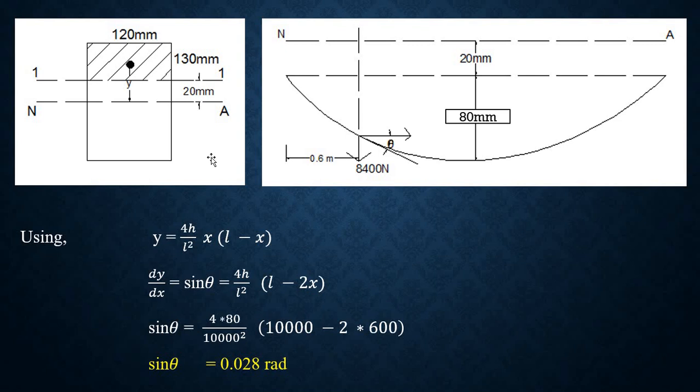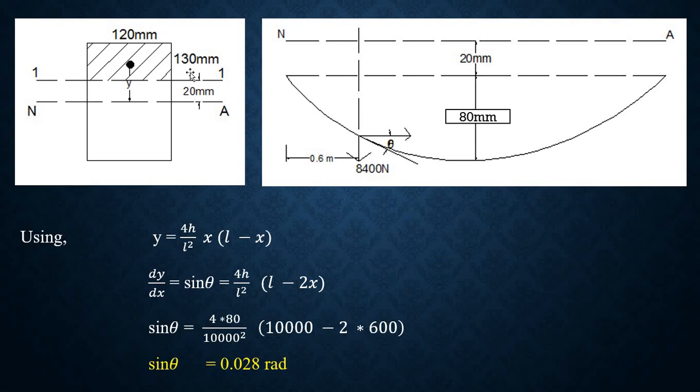Next is this second part, that is this diagram is completely different from the previous one, as they have mentioned 20 mm above the centroidal axis or neutral axis. So neutral axis is here. Above that I have taken a section as 1 which is at a distance of 20 mm and the remaining portion is hatched.